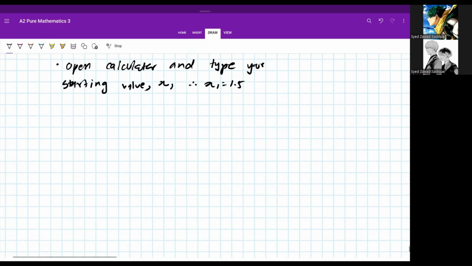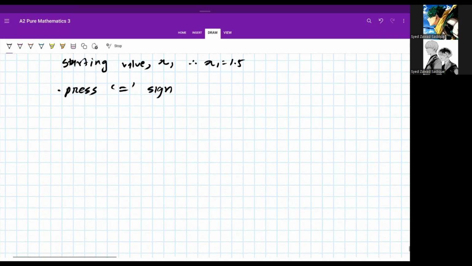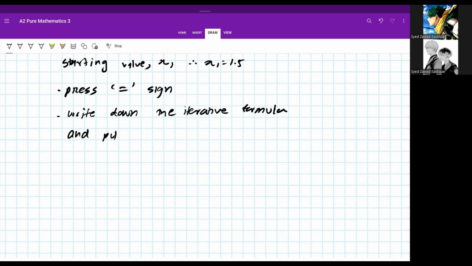Okay. Press the equal sign. Then write down the iterative formula, and put Ans in position of x.